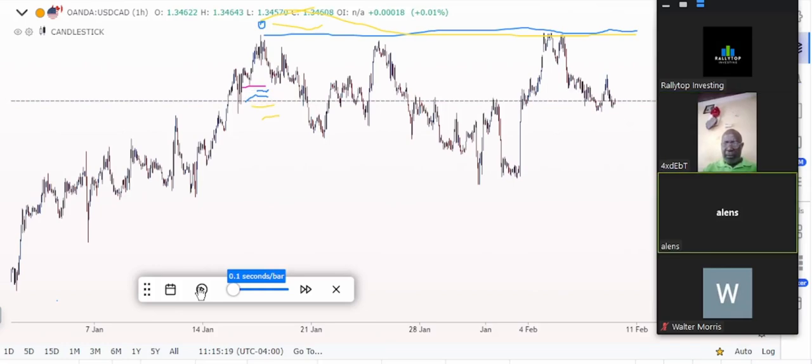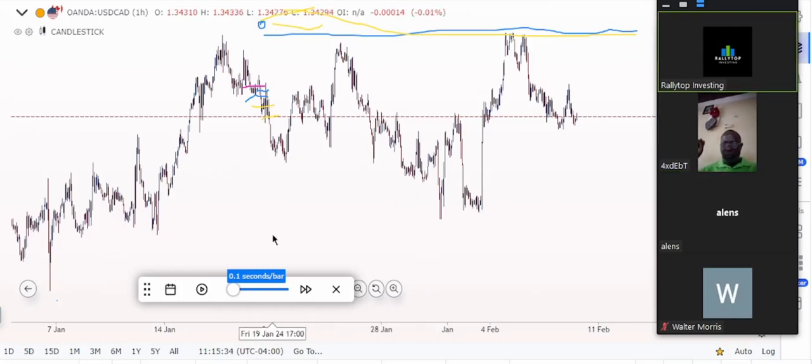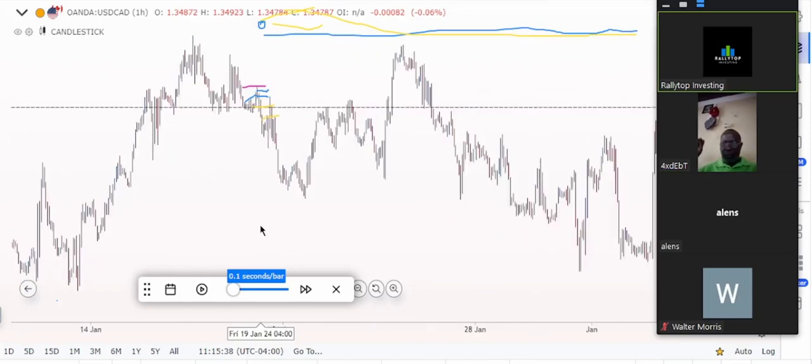Yeah, it might have gotten taken out. Now, if you try to draw a proper straight line, it's hard to tell whether that high was taken out. Okay, now take a look at what is happening now in the market.